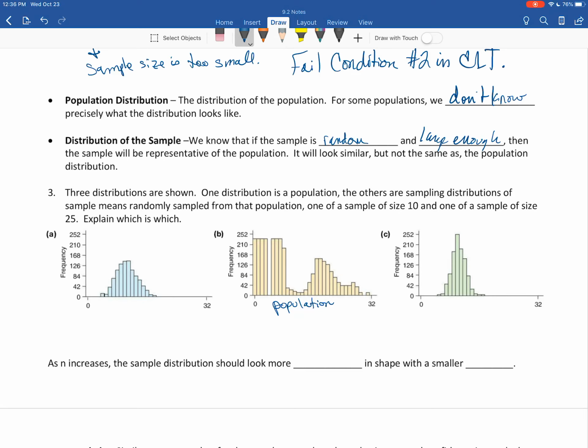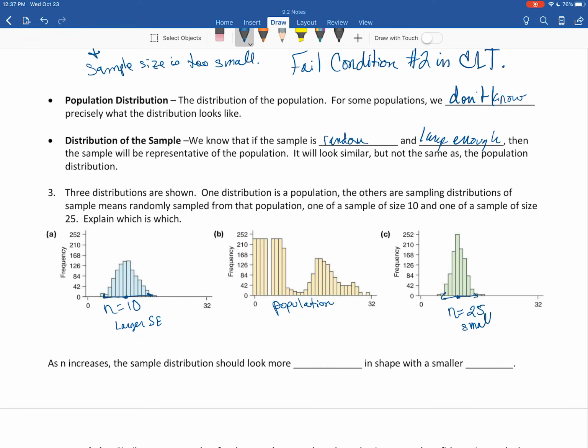The one with the smaller standard error should be the bigger sample size. I would label this one sample size 10 because from its mean it's got more spread, a larger standard error than this one. This one has that plus minus amount coming in, forcing it up higher. So this is what I would choose as my 25 sample.